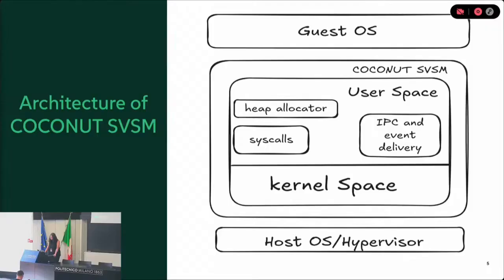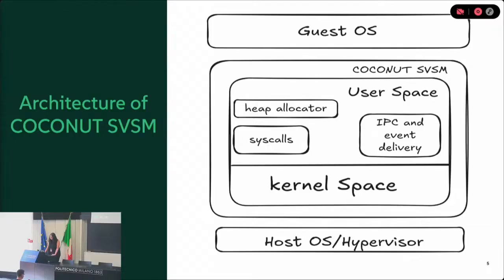This includes a heap allocator for memory management, syscalls for interacting with the SVSM kernel, also file system support. We are also planning to have an IPC and event delivery framework to enable communication between the modules and also the COCONUT kernel and the user space services.